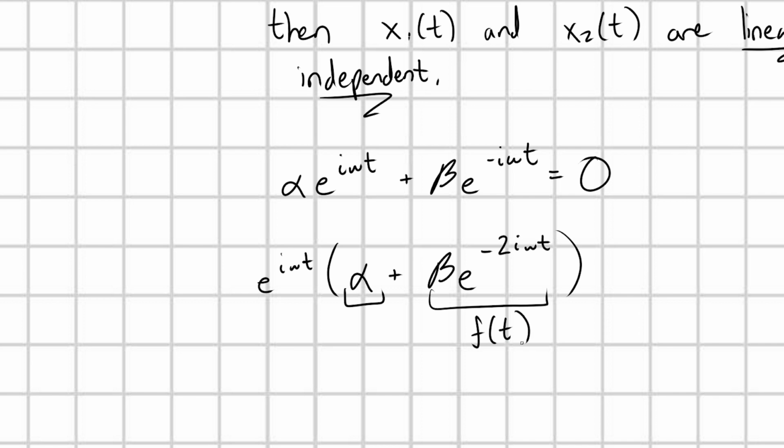It's not going to happen. You can't generally define a constant to cancel out with a function for all t, unless that function in itself is just a constant as well. But clearly here it's not. So the point is that e to the i omega t and e to the minus i omega t are linearly independent solutions. So hopefully we'll feel awesome about that.